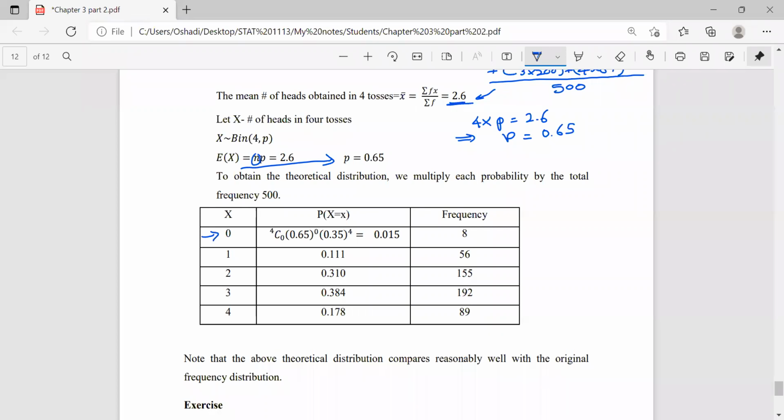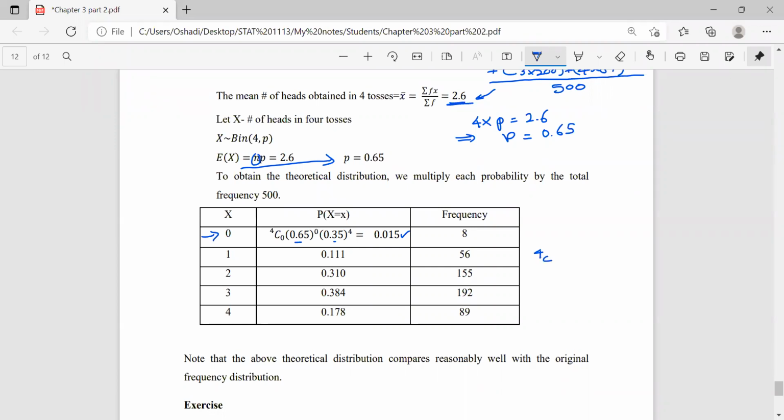The probability of success is 0.65 to the power 0, into the probability of failure, or 1 minus p, which is 0.35 to the power 4. So the probability is 0.015. Likewise, we can find the next one as well.